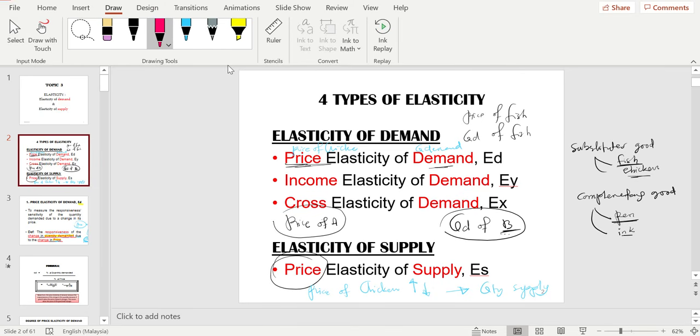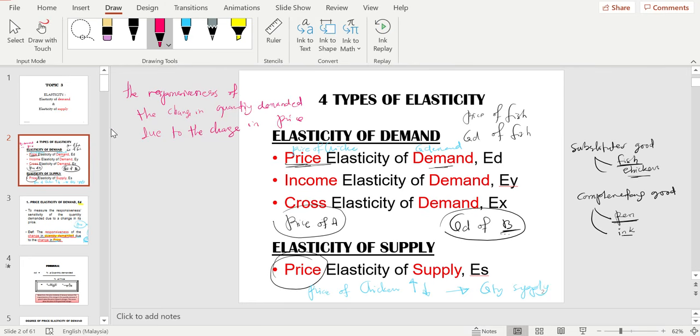The definition of price elasticity of demand is the responsiveness of the change in quantity demand due to the change in price.